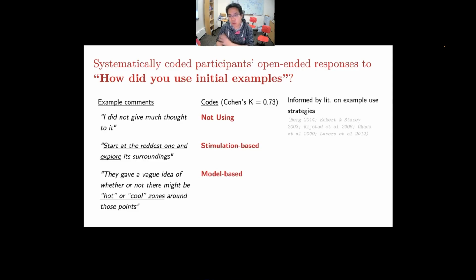And then, informed by the literature on example use strategies, we classified each comment in terms of what strategy it seemed to be exemplifying. We achieved a Cohen's kappa of 0.73, classifying comments into not using, stimulation-based, or model-based strategies.